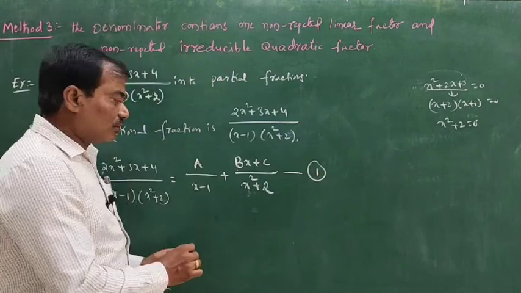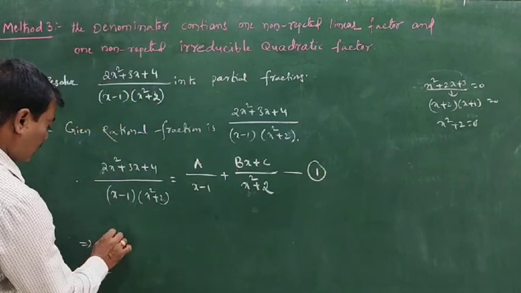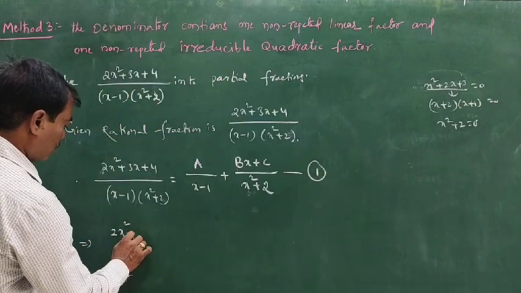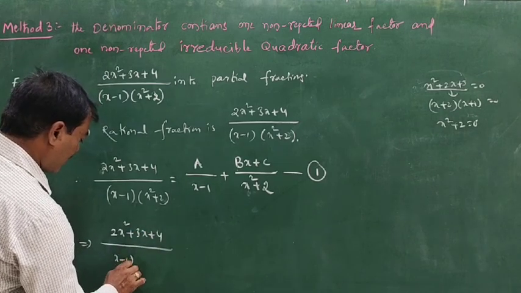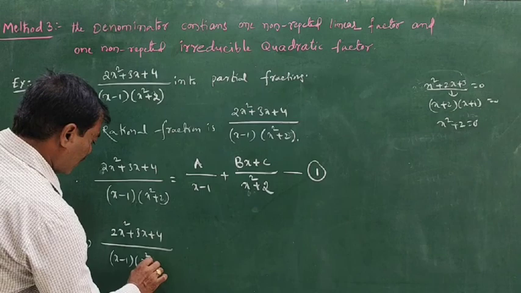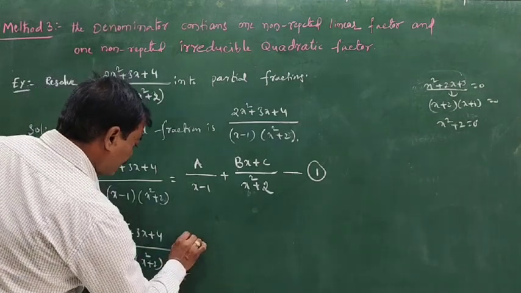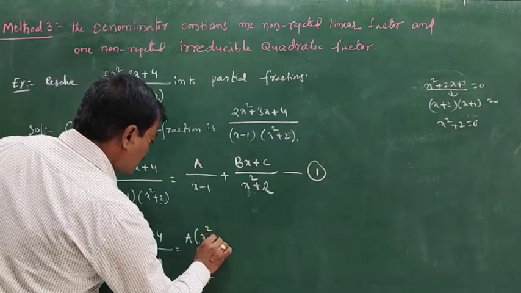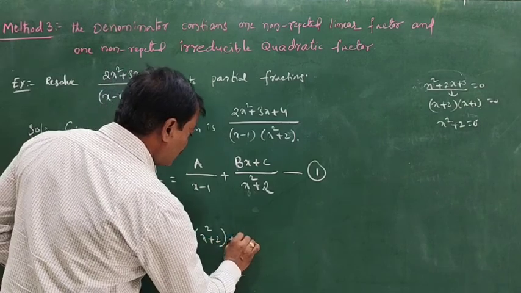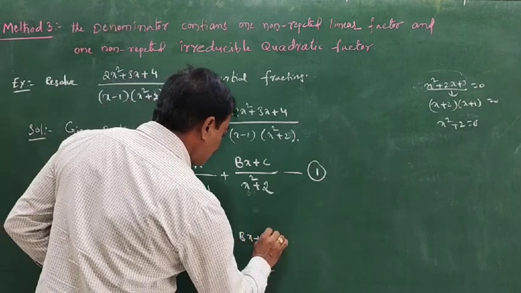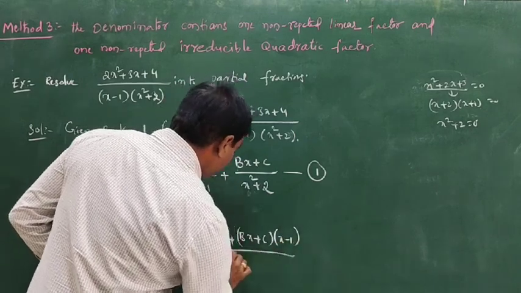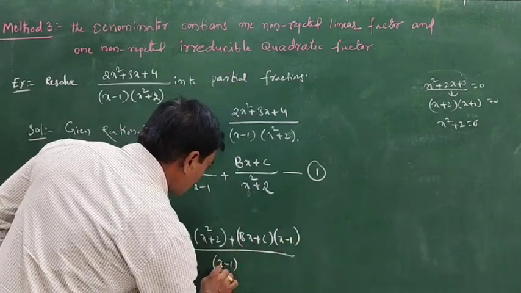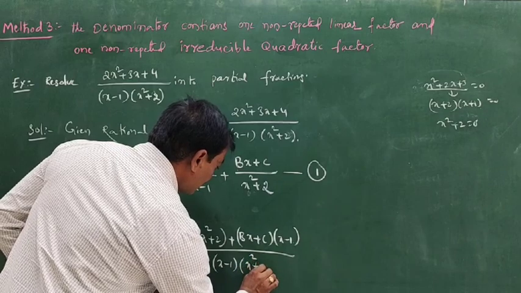And we have to take the LCM on both sides. So (2x square plus 3x plus 4) by (x minus 1)(x square plus 2) equal to A(x square plus 2) plus (bx plus c)(x minus 1), whole divided by (x minus 1)(x square plus 2).